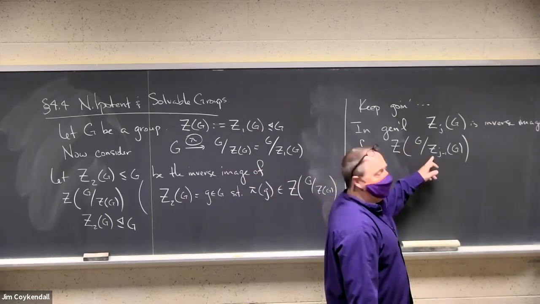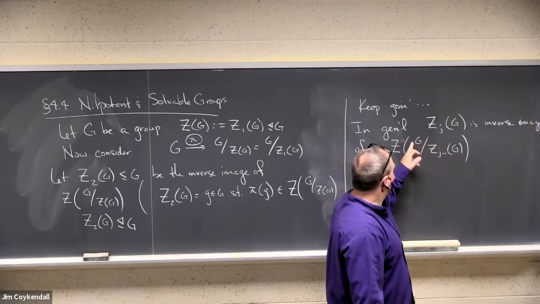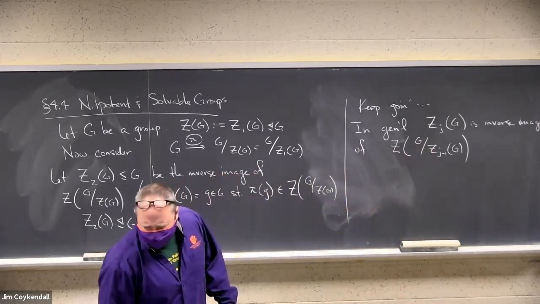Remember, inductively, each one of these Z_j(G) is normal, and so this makes sense, and you just keep pulling back the center.